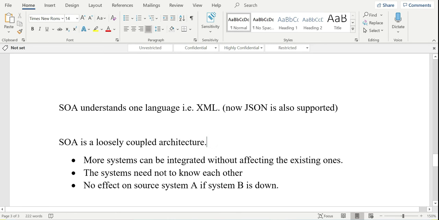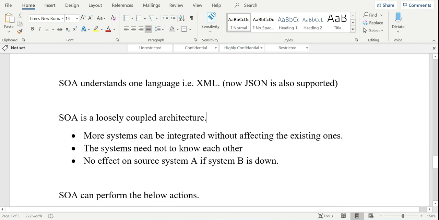Adding to this, SOA is a loosely coupled architecture. You must have heard in many places that SOA is a loosely coupled architecture. So let's see why. What is the reason that we say that SOA is a loosely coupled architecture?